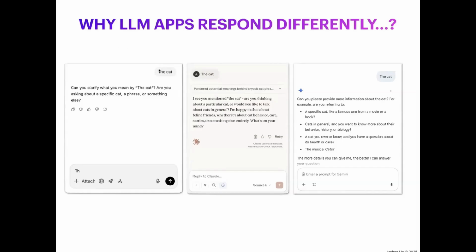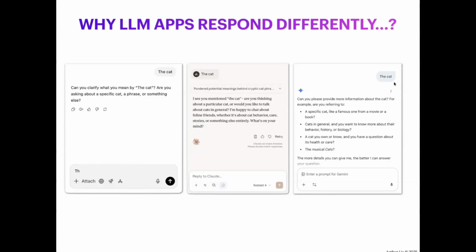But now, if you look at the actual LLM apps like ChatGPT, Claude by Anthropic, and Gemini, when we pass in the cat, they answer very differently, right? Here, ChatGPT asks us, can you clarify what you mean by the cat? Are you asking about a specific cat or phrase or something else? As for Claude, it says, I see you mentioned the cat, are you thinking about a particular cat, or would you like to talk about cats in general?